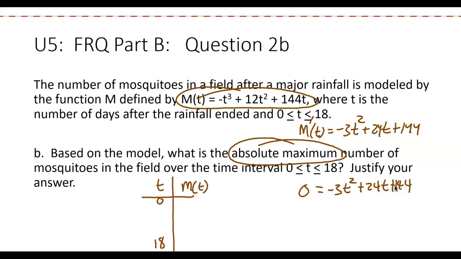All right, now all of these numbers can be divided by 3, and I actually don't like having negatives in the front either, so I'm going to divide everything by a -3. There's that. I'm going to go ahead and factor this.